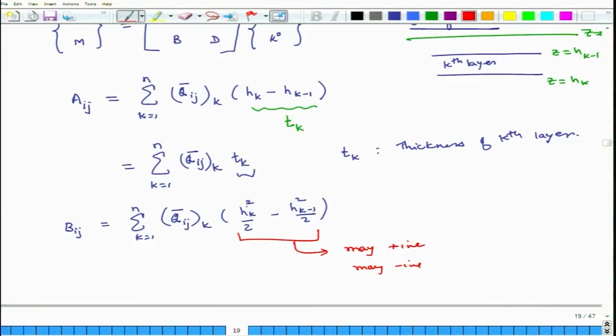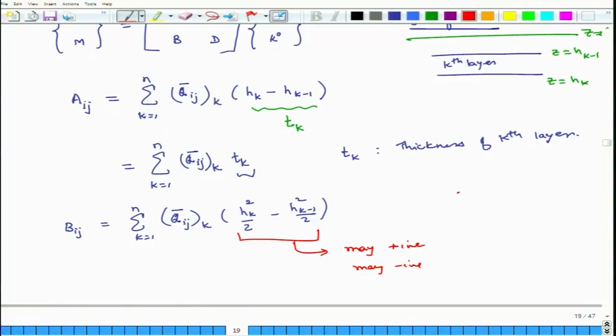Why? Because each of these terms is a positive number. hk square is positive, hk minus 1 square is positive. But if hk minus 1's absolute value is much larger than that for hk, then this can be negative. So, the point is that because of this, this term in parenthesis can be either positive or negative.